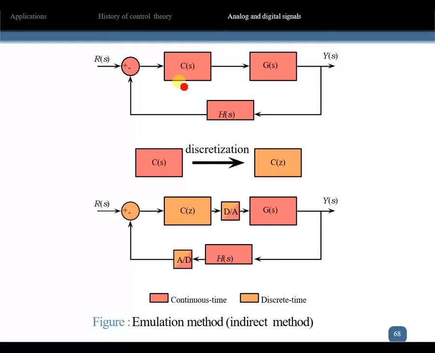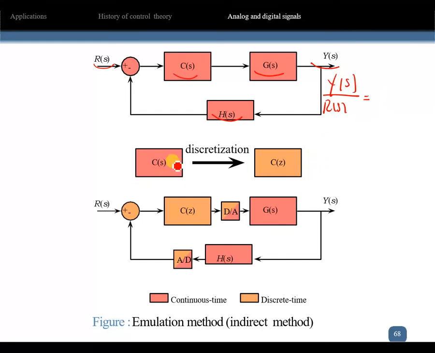Okay, here in the S domain, the control is in the S domain, my plant is in the S domain, and the sensor is in the S domain, and the input is R(s) and the output is Y(s). That means the transfer function Y(s) divided by R(s) will be my system.